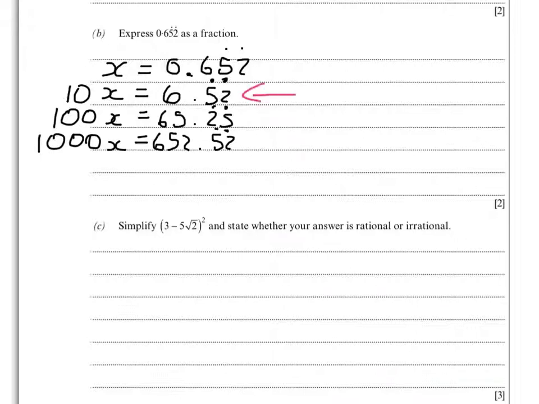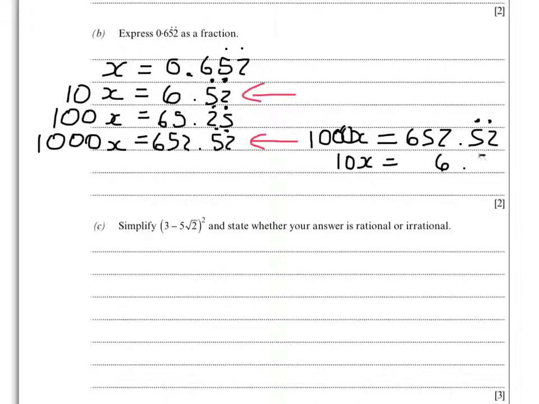So what I've got is two answers where what is after the decimal point is the same. So what I'm going to do with those numbers now is subtract them from each other. So I've got 1000x equals 652.52 recurring, and I've also got that 10x equaled 6.52 recurring.